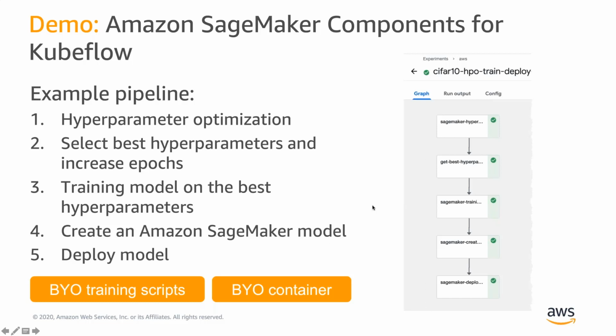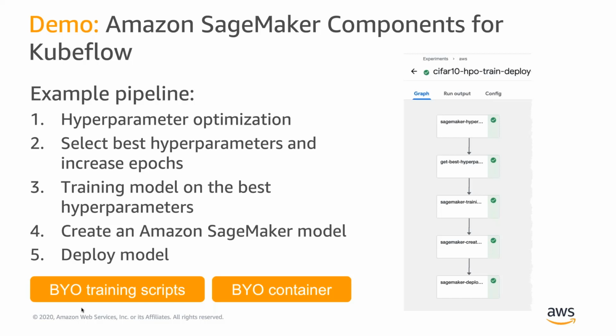And if you're new to SageMaker, if you've never used SageMaker, there are a couple of ways to submit jobs to SageMaker. If you don't want to deal with containers, there's a way to just bring your own training scripts. So you just provide your training scripts in TensorFlow or MXNet or PyTorch or a couple of other supported frameworks, and just specify that you want to use a TensorFlow container, and SageMaker will automatically figure out pulling the right container and running your training job.